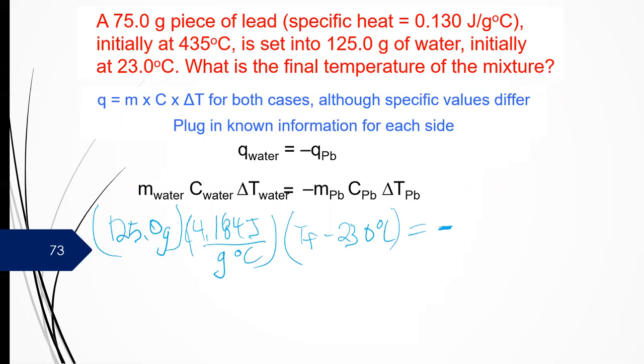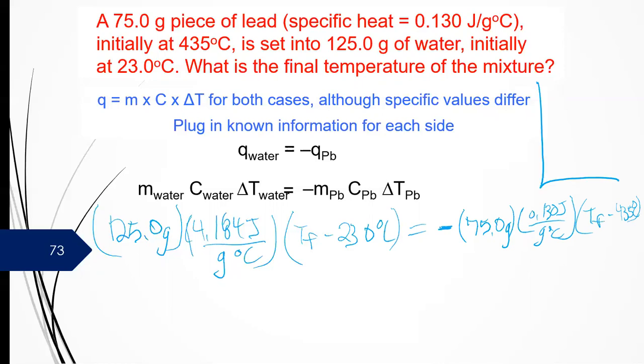Now the mass of that lead is going to be 75.0 grams. Its heat capacity is going to be 0.130 joules per gram degrees Celsius. And its final temperature, we don't know, but we do know that it started at 435 degrees Celsius. So if you imagine this, one object is starting at a high temperature, and it's going to drop down to our final temperature.